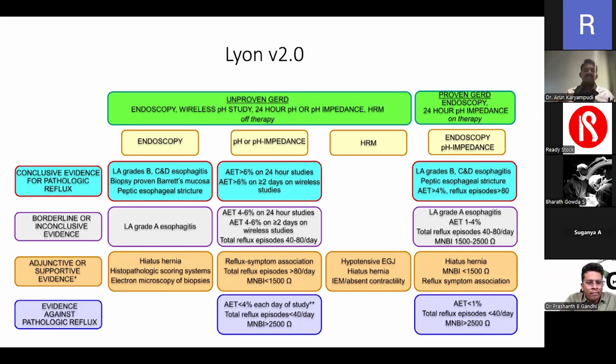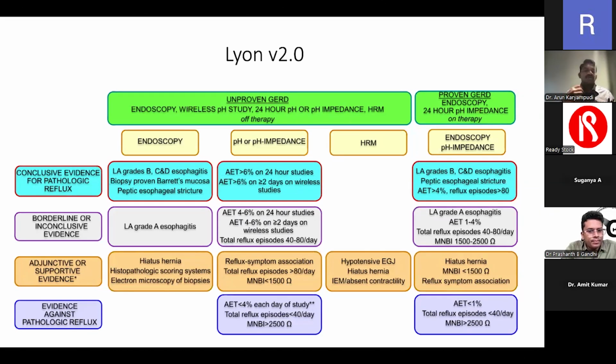In such a situation, you take help of other supportive or adjunctive evidence to support the diagnosis of GERD. This is done by taking the total number of reflux episodes and mean nocturnal baseline impedance into consideration. Whenever you have a borderline acid exposure, that is 4 to 6%, with a high number of reflux episodes of more than 80 per day, then you can call this GERD.